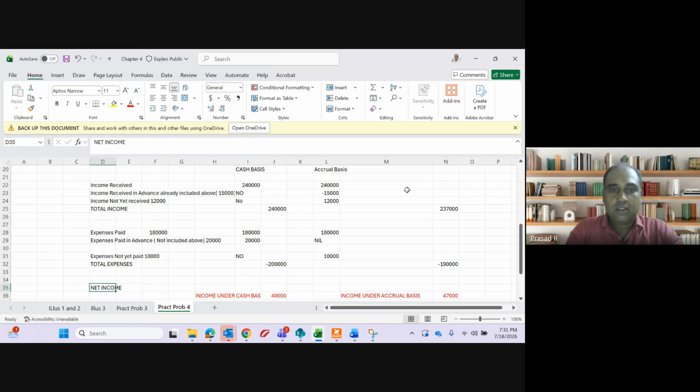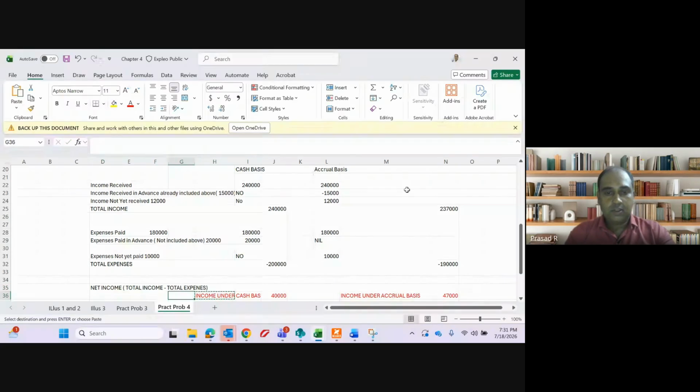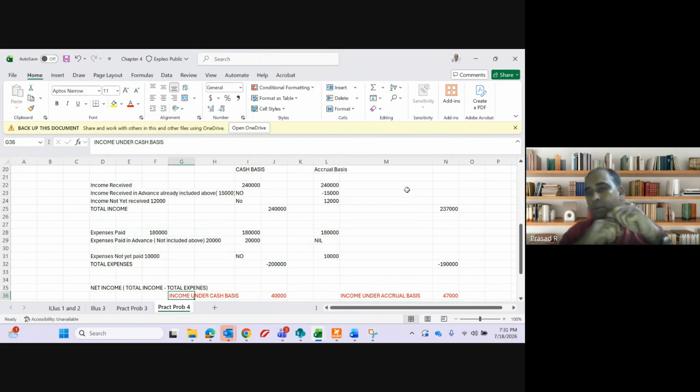Net income is total income minus total expenses. Okay, so income under cash basis and income under accrual basis, guys. This is practical problem number 4.